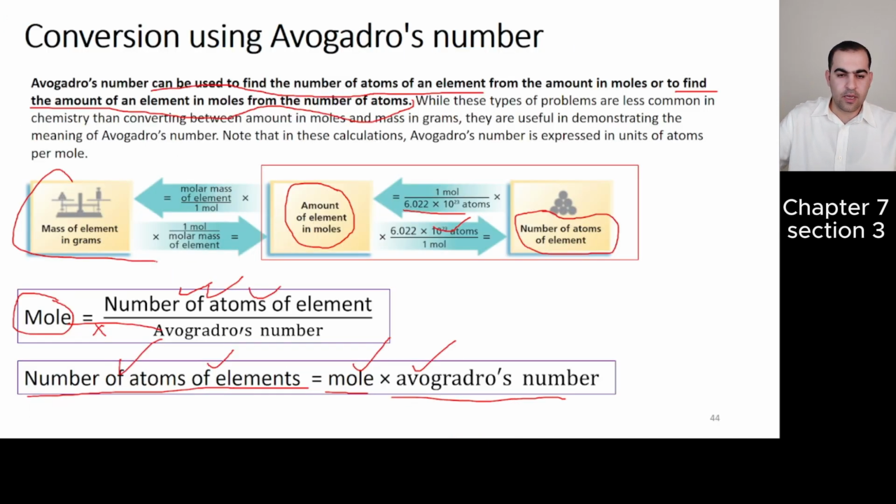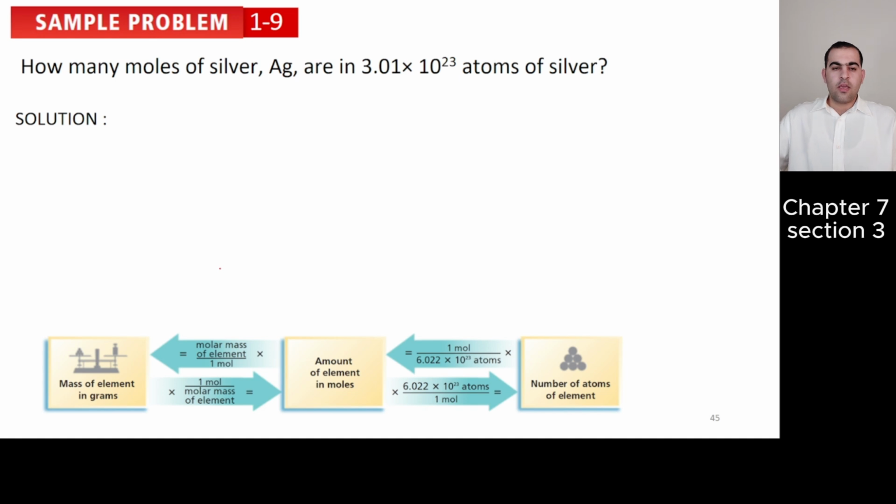Okay, up to you. Here, guys, how many moles of silver are in 3.01 times 10 to the power 23 atoms of silver? In the exam, you must know what it asks for: how many mole? So we have two rules.